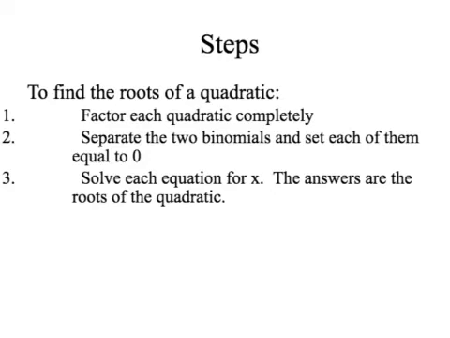After we get our binomials, we need to separate them into 2 equations. Once we have them separated, we're going to set them equal to 0 and then solve for x. Whatever that answer is, that is the root, or where the graph crosses the x-axis.